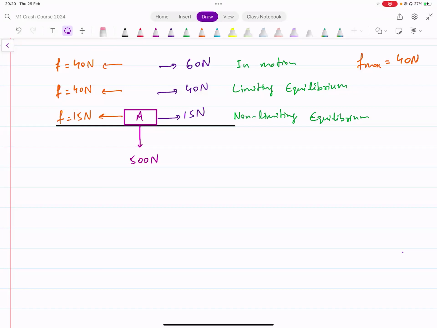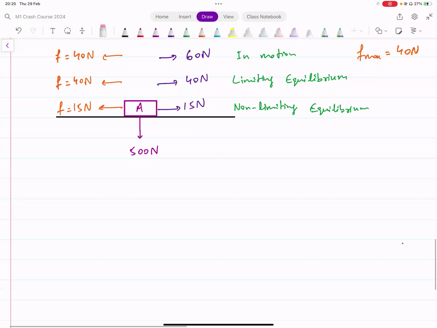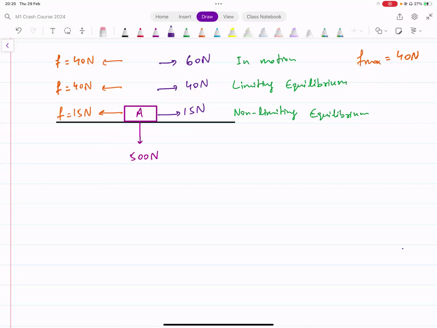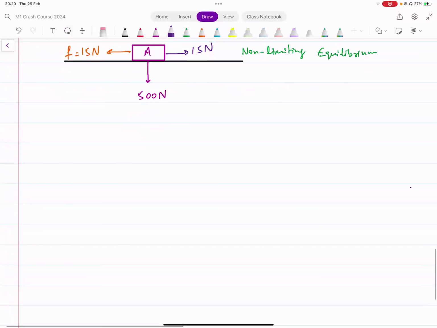Now, in each of these three different cases, we need to understand what the friction value is, because we need to use that very frequently. One case is when the object is in non-limiting equilibrium. Let's start with that.